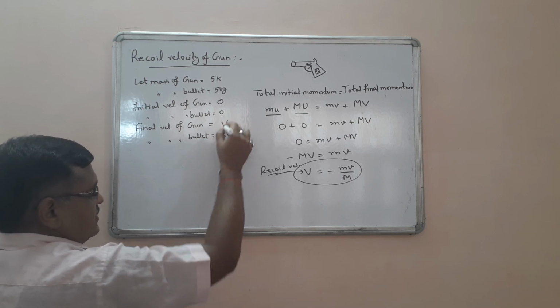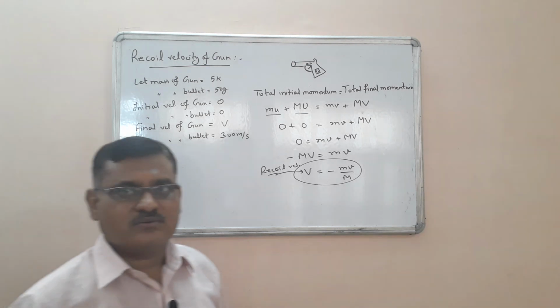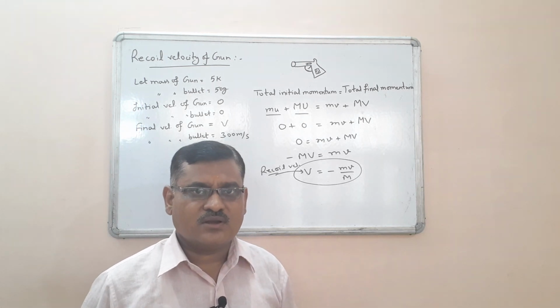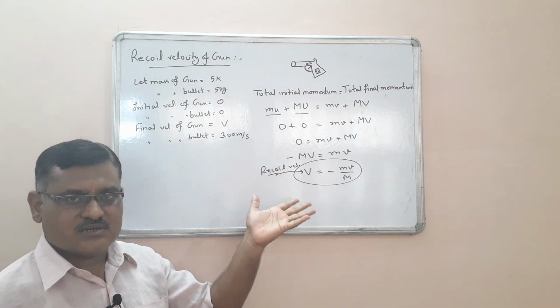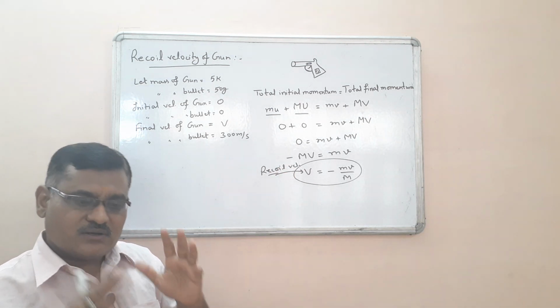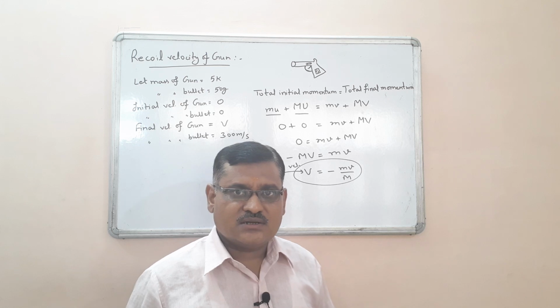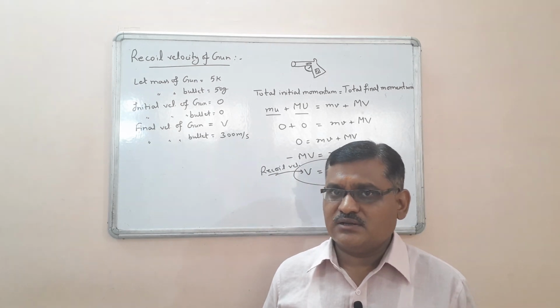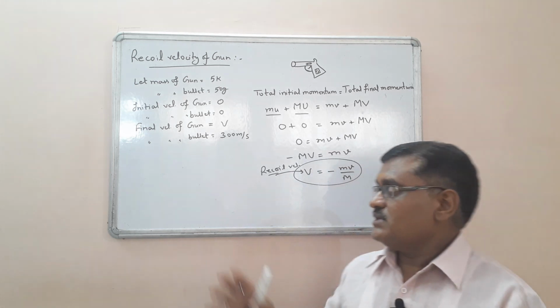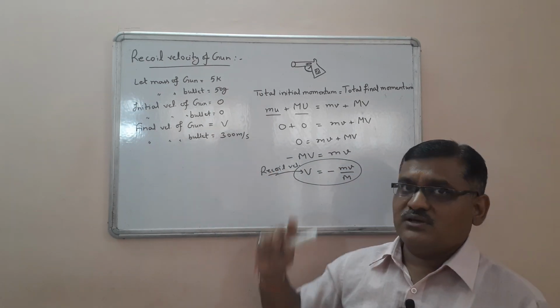Then what is the final velocity of the gun? Now you put all the values in this formula, you will get the answer very easily. But be alert, every time I explain to you that the unit must be SI unit only.